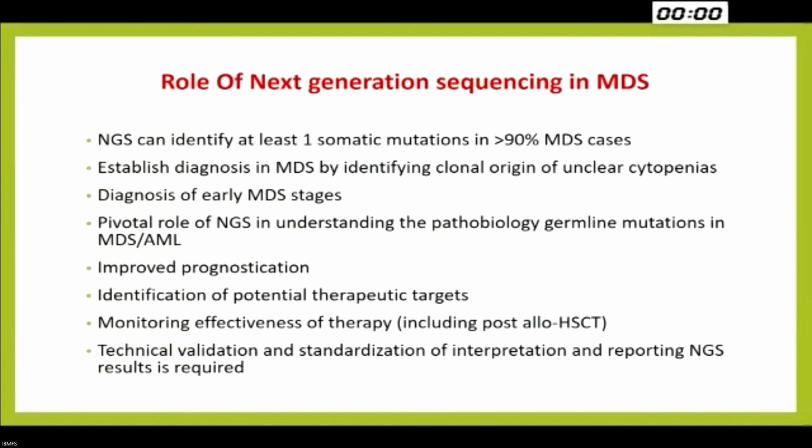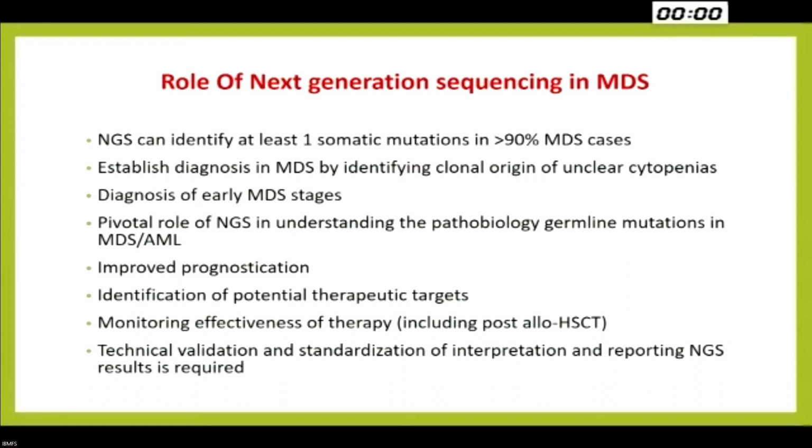If you have associated TP53, lenalidomide doesn't work that well. So identification of potential therapeutic targets is gradually evolving. Monitoring and effectiveness of therapy, including post-transplant, can also be assessed by NGS.